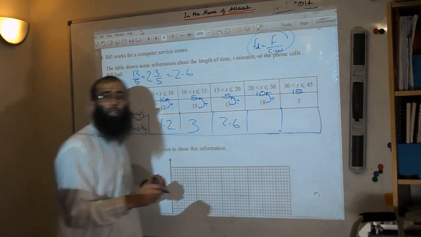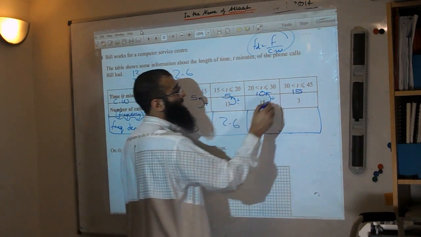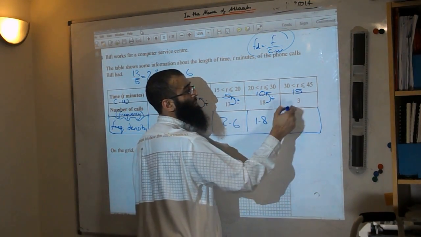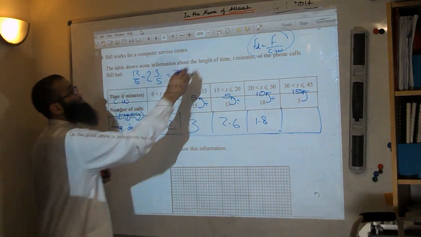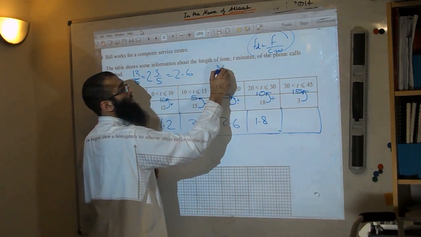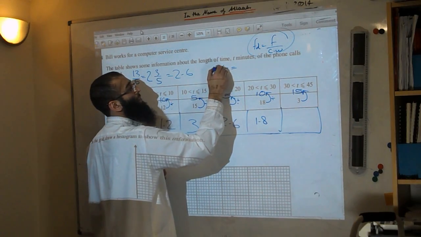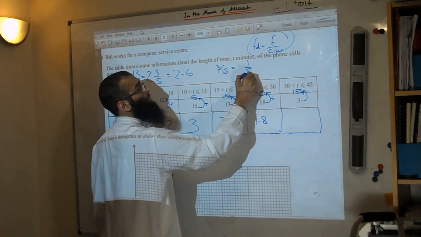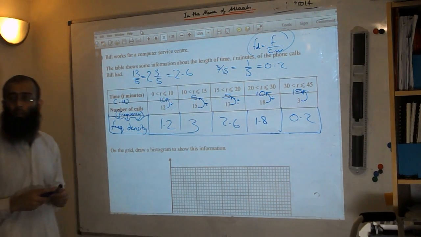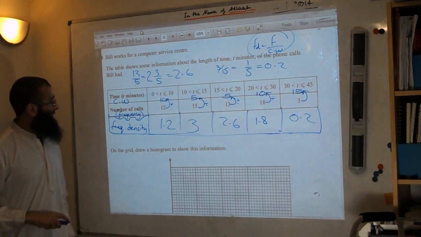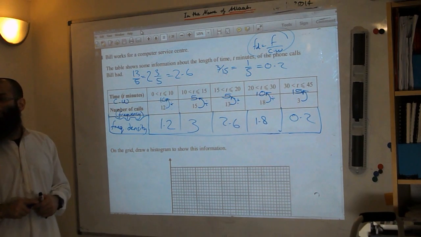Remember, this is a non-calculator paper. Next one is 3 divided by 15. Divide both by 3, and that gives 1/5, which is 0.2.